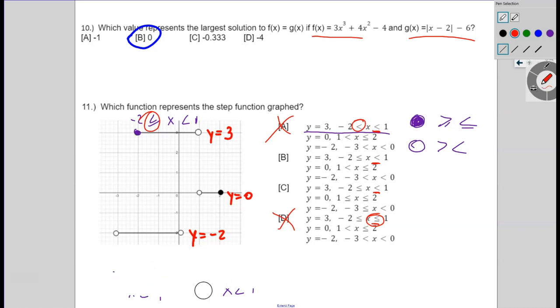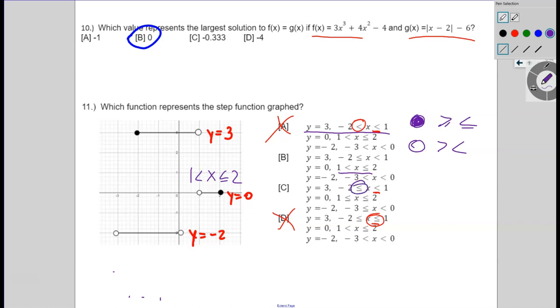Now let's try the next one. This one is y equals 0. This is an open circle, and this is a closed circle. We have x in between, and the numbers are 1 and 2. Now let's go to B and check if my second answer matches. This is all correct. Good. How about C? Oh, look at that.